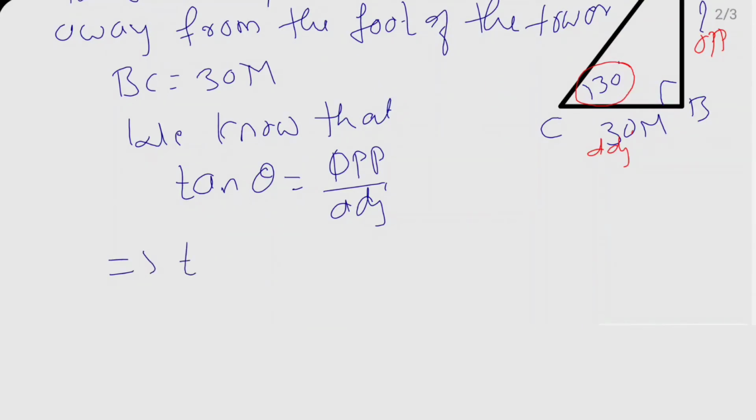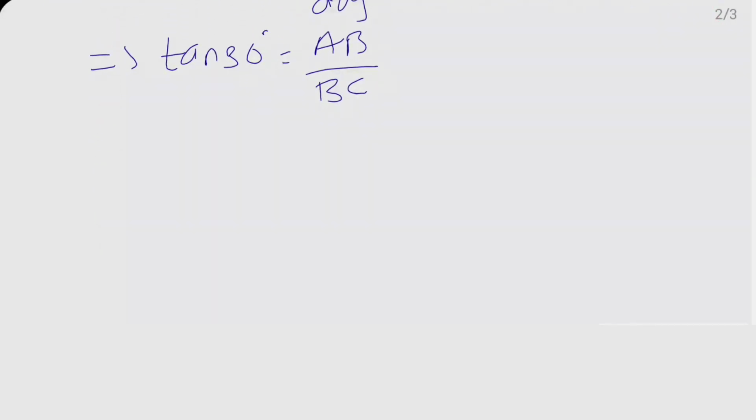This implies tan 30 equal to opposite AB divided by BC, and here we know the value of tan 30 is 1 by root 3. AB we don't know, keep AB as it is, the height of the tower, and the adjacent side is 30 meter.